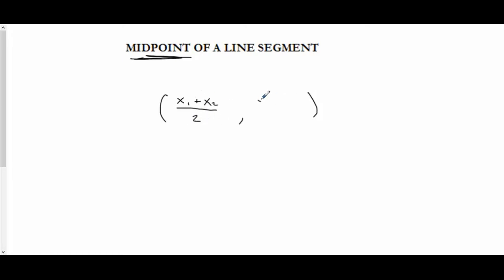Same for the y, I'll have y1 plus y2 divided by 2, and that will be the average between the y points. And so really, that is just the formula for the midpoint of a line segment, right? Average of the x values, average of the y values together as a coordinate.